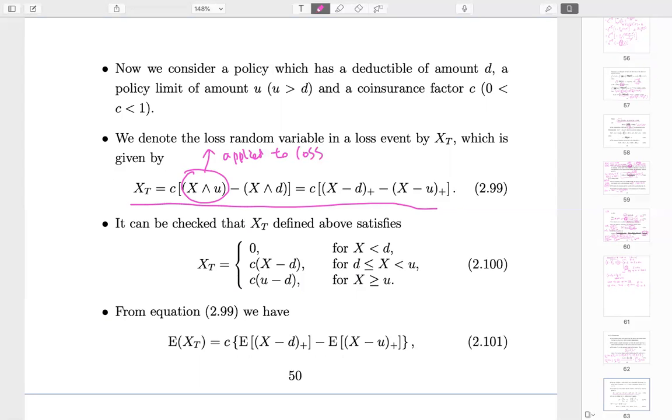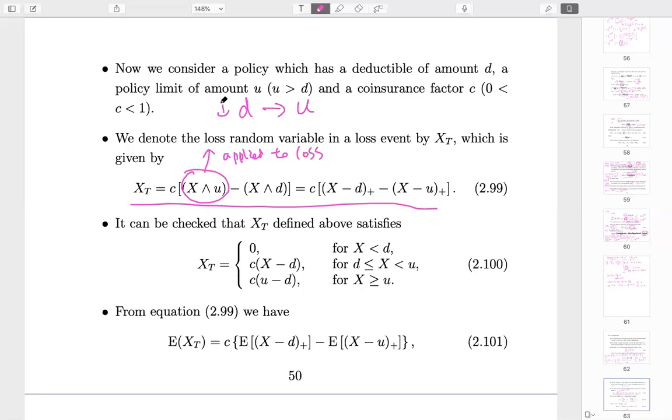Or you can think of it this way. When you have both deductible and the policy limit, you have two scenarios to think about. First is you apply deductible first, and then you apply policy limit.